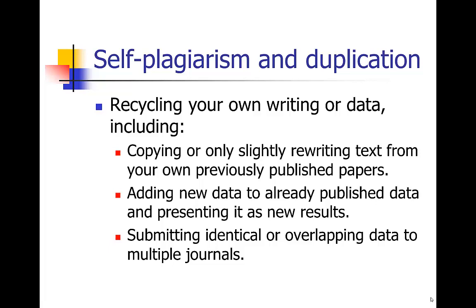And there are some small exceptions to this. Sometimes in the experimental methods section of a paper, you may have done one experiment that yields many different data sets that you then write several papers about. And so some of the experimental methods from those papers may overlap.